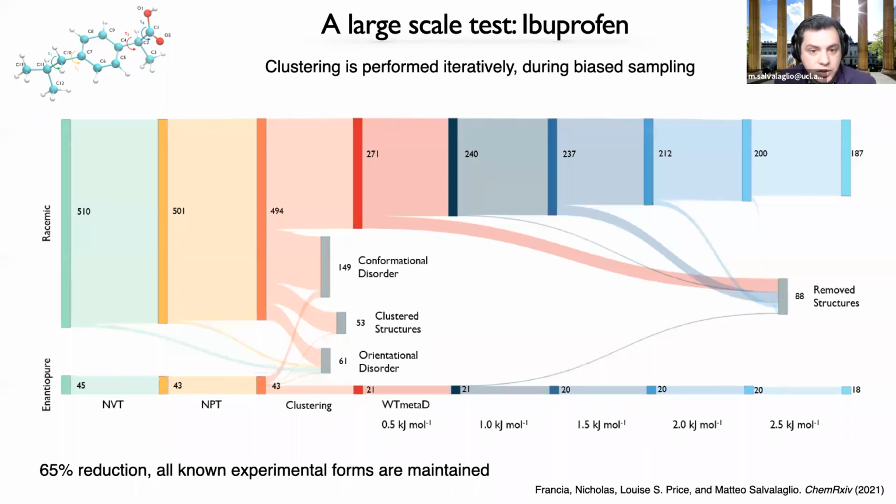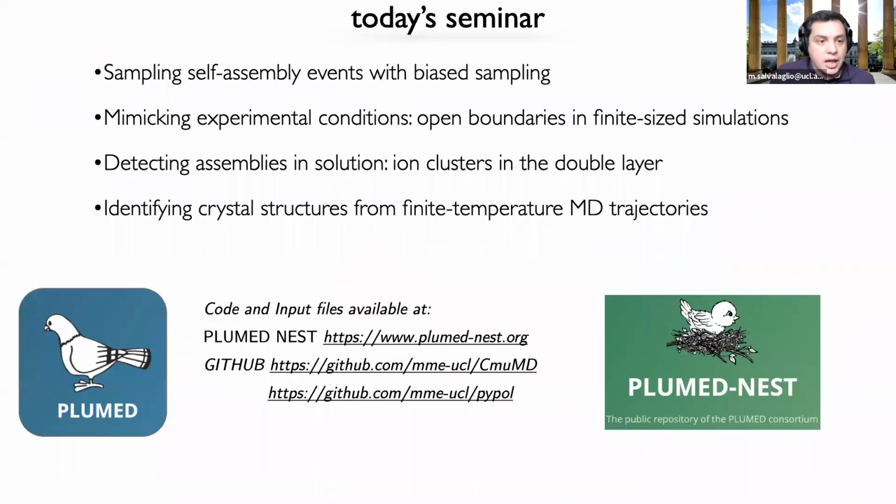Okay, so this brings me to the end. I've tried to cram a lot of stuff in this presentation, but my aim was to essentially show different phases and different aspects of how we can use a software like PLUMED to complement and enable certain tasks in modeling the assembly of organic molecules, especially from complicated precursor phases like multi-component liquids.